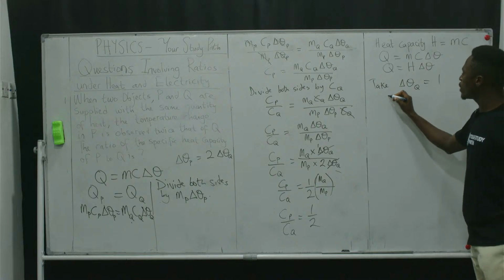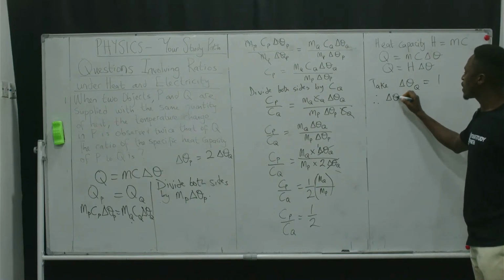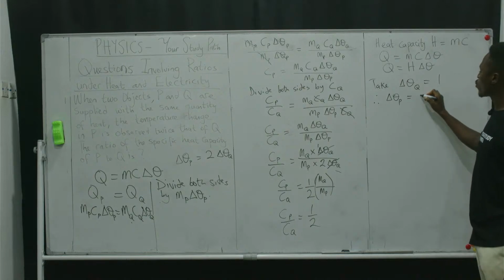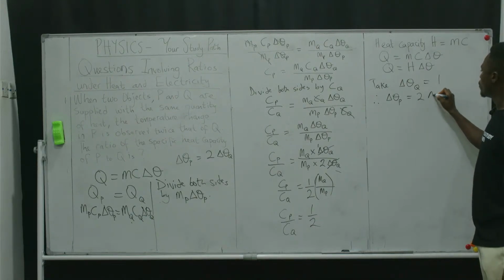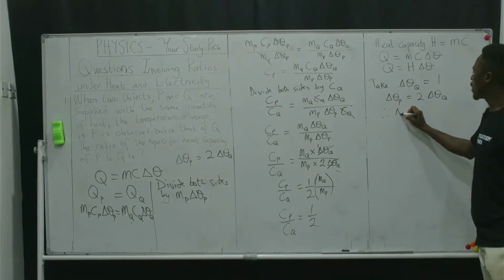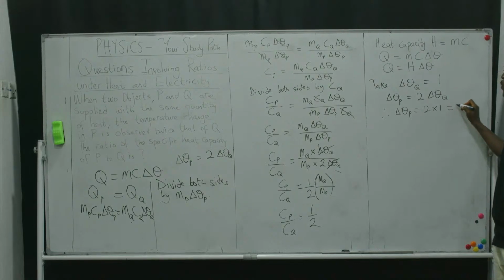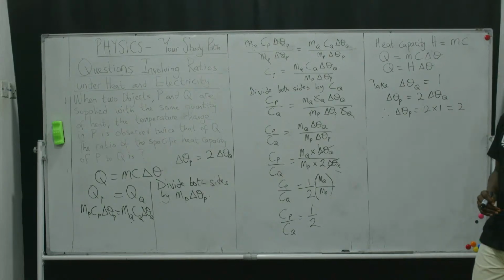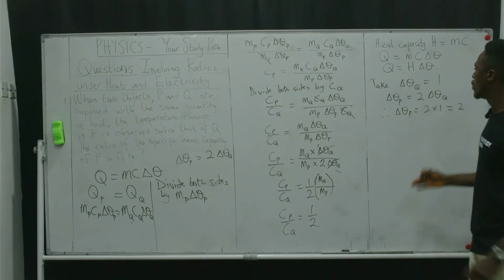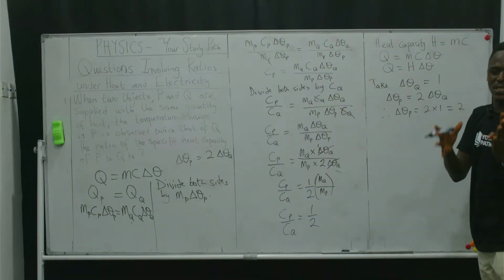Then since we are told that change in theta for P is equal to 2 times change in theta for Q, therefore change in theta for P should be equal to 2 times 1, which is 2. Use number values as fast as possible so that all the alphabets would not create any mix-up.